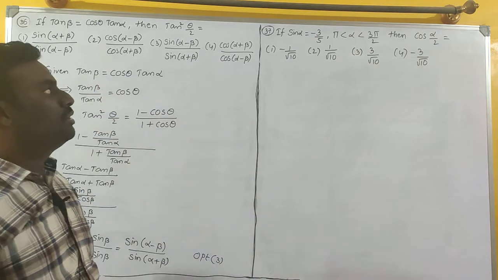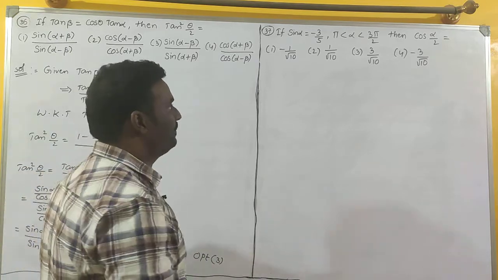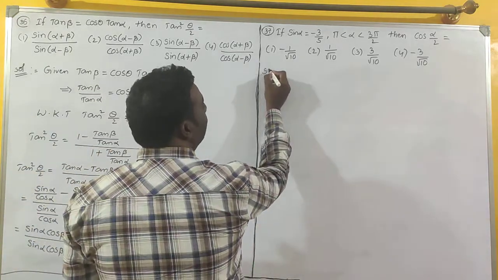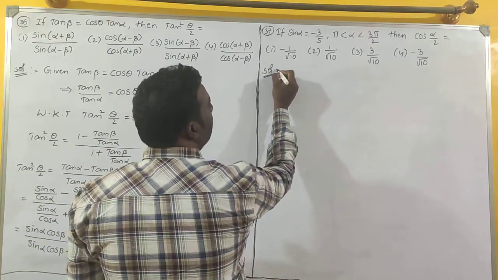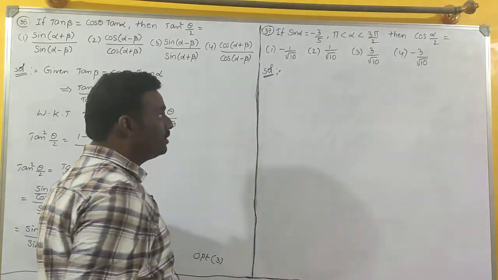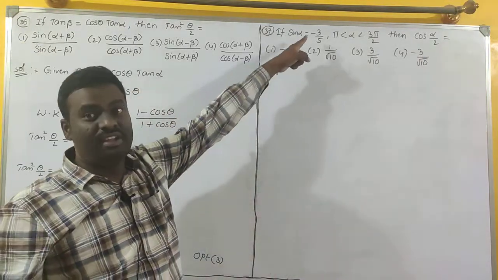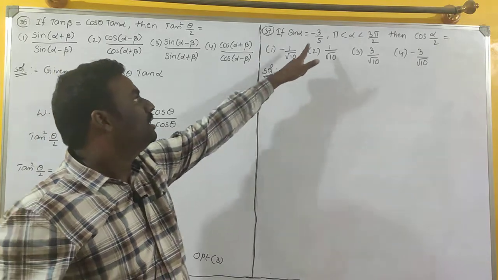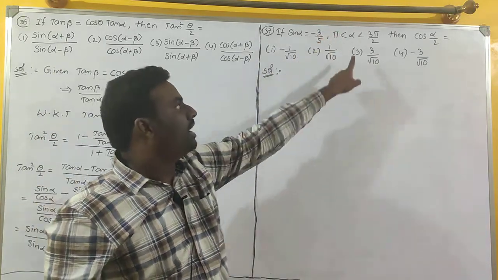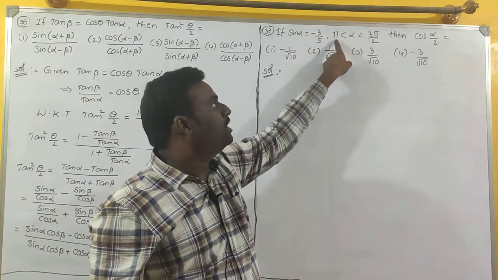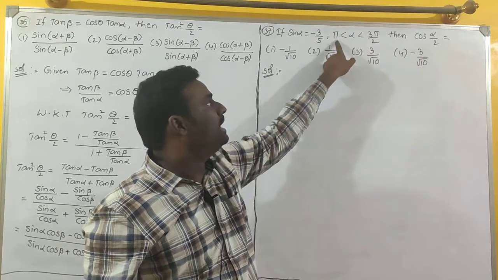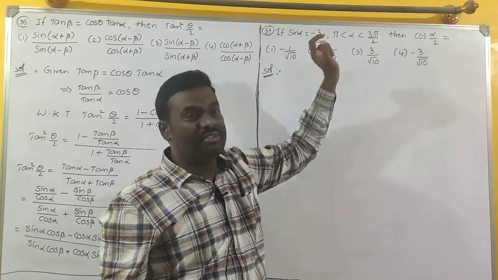Next, coming to the 37th question. In the 37th question, sin alpha value is given, minus 3 by 5, and alpha lies between pi to 3 pi by 2. Pi means 180, 3 pi by 2 means 270.